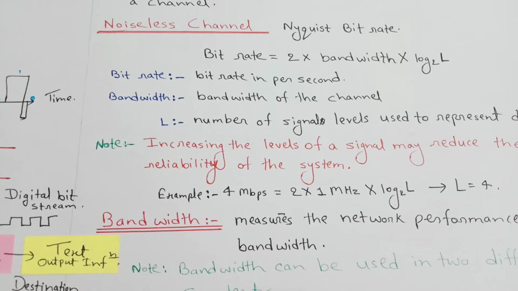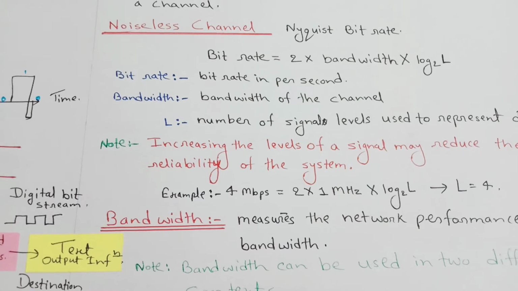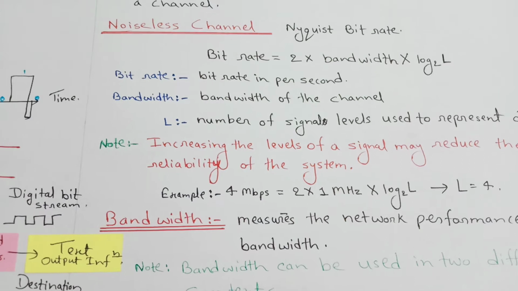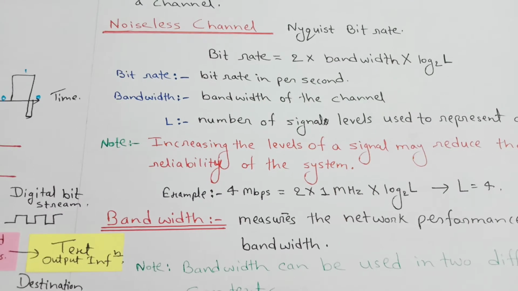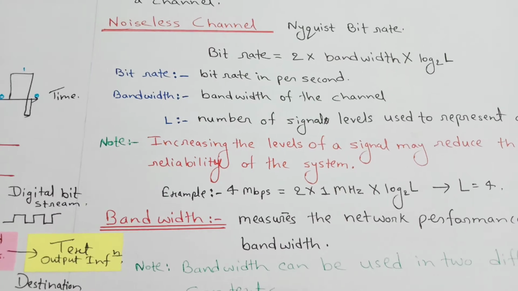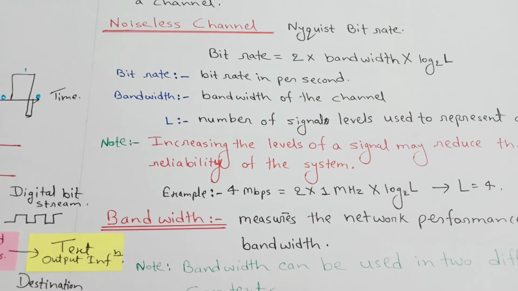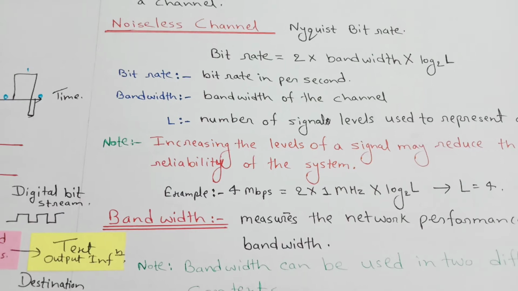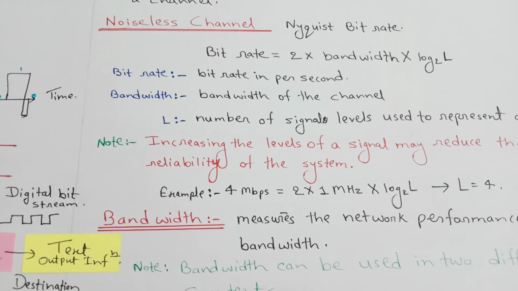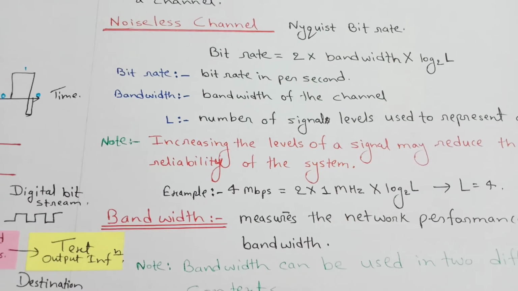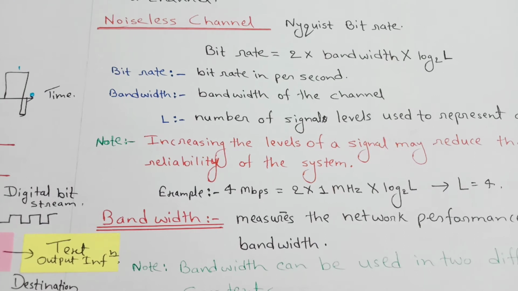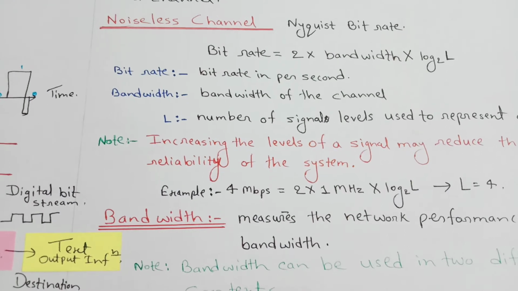If we are using so many levels, then the signal will become weaker or poorer in between the transmission. So we will try to use the minimum number of levels to maintain the reliability of the system.